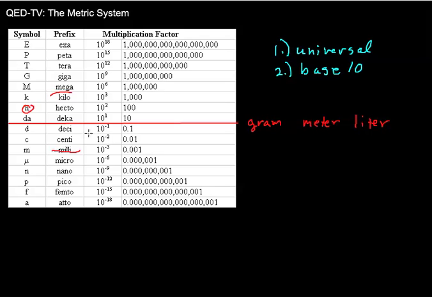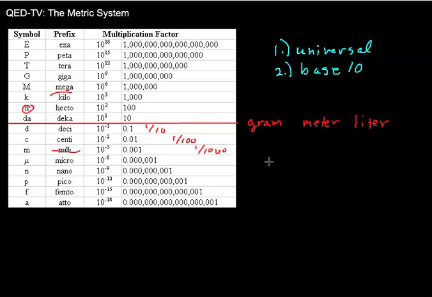When we go below the base, sometimes students have a little bit more hard time with this. We have deci, centi, and milli, and this is 10 to the minus 1 power, which means a decimal. So we have 0.1, or 1/10. We have 0.01, or 1/100th, and we have 0.001, which is 1/1000th.